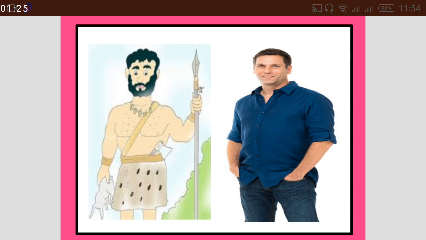Now, let's look at these people in this picture. If you look at the first one on the right hand side, it looks more like a hunter, while the second one looks like somebody in modern day. If you look at the one on the left hand side on the street, you will think something is wrong with the person.